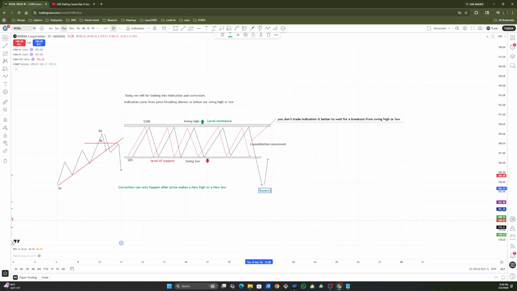buyers could actually push this market from this level all the way back up, because markets do normally have what we call a fake out. It shows you that, oh, we're going down, but we reverse. There could be a lot of buyers and it's going to push this market back up.